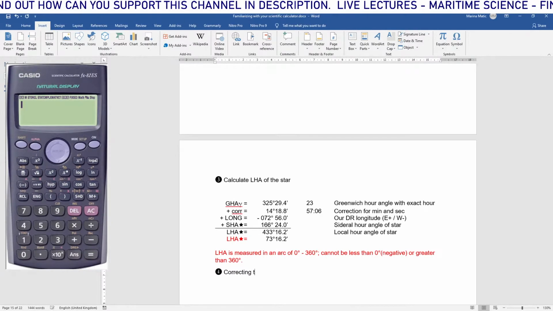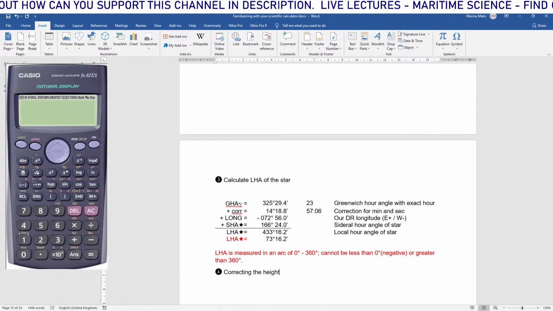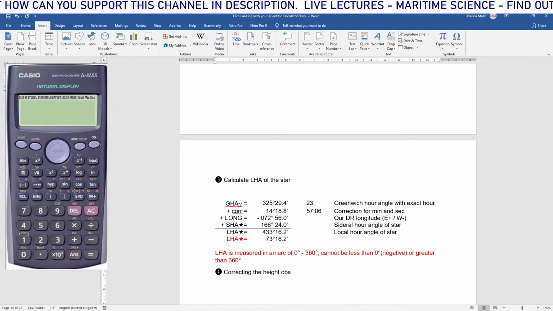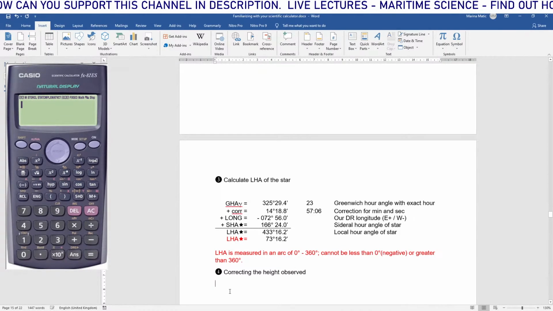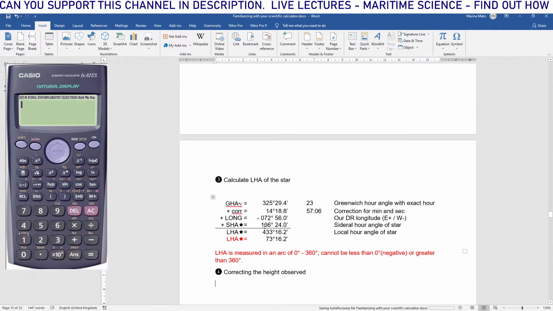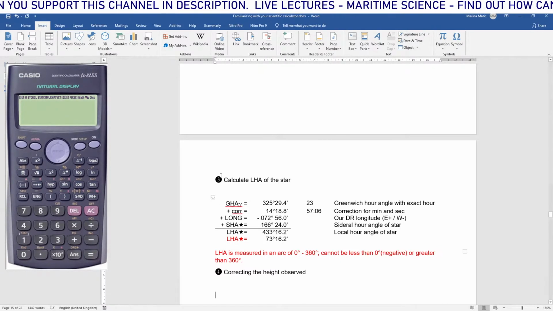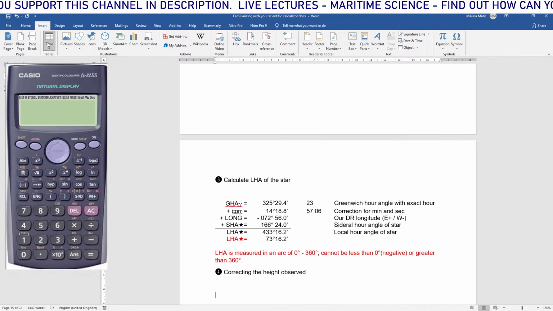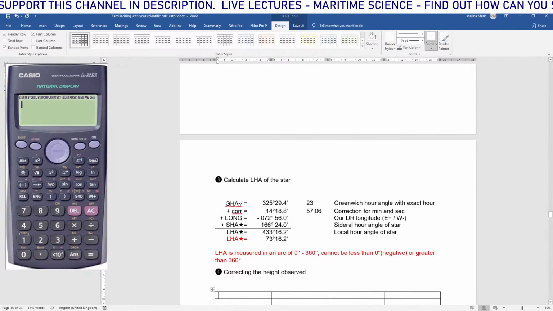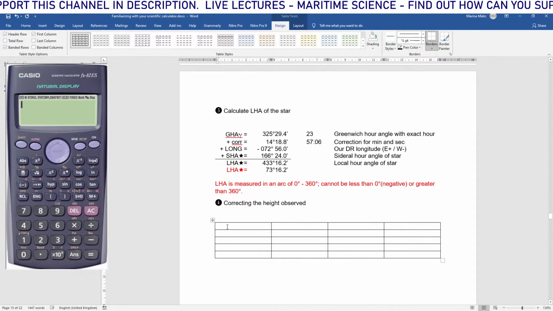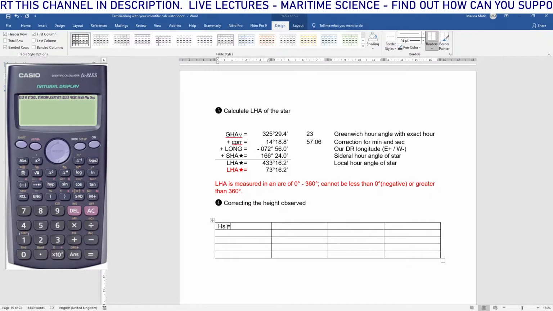Correcting the height observed. Now, we have the height of sextant. Let's put it here in a table. Let's make a table. So we have height of sextant that we measured.